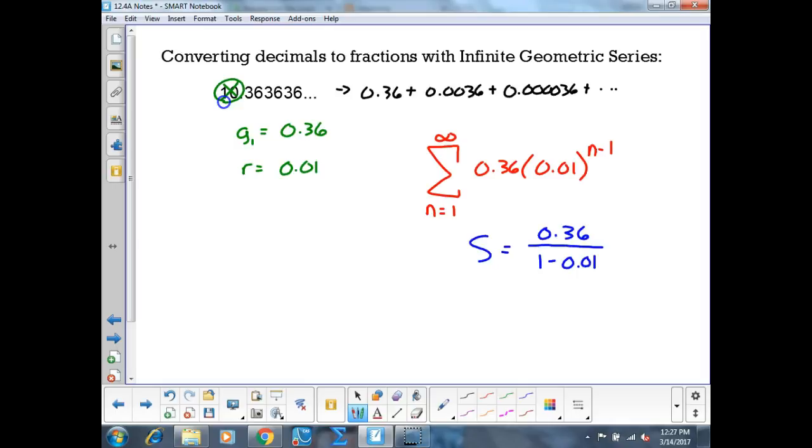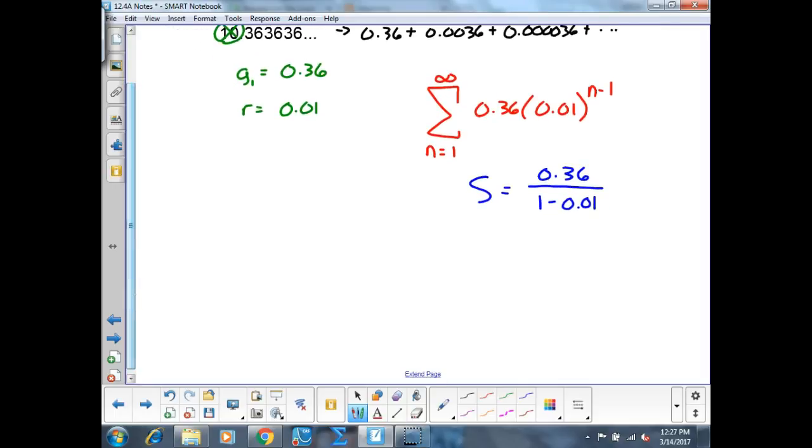Yes. All of these repeating decimals will be within your range. Okay. So then that becomes 0.36 over 0.99, which is 36 over 99, which can be reduced.